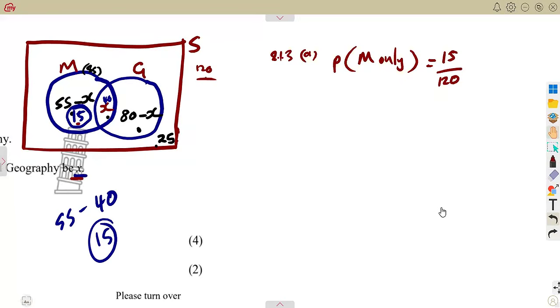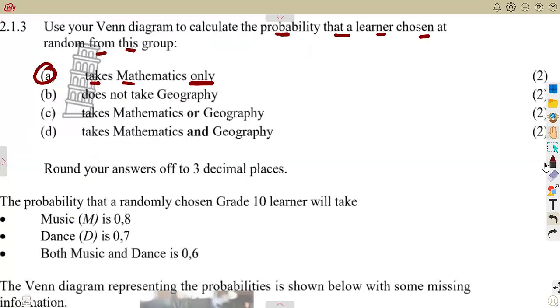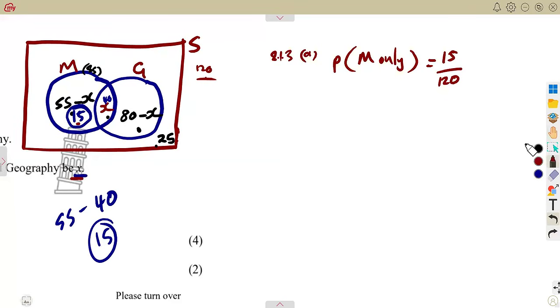If you check down here, they're saying, round your answers off to 3 decimal places. So there you were being forced to write it as decimals. To 3 decimal places, it was going to be 0.125. We are given an instruction, and you follow that instruction that you are given there.